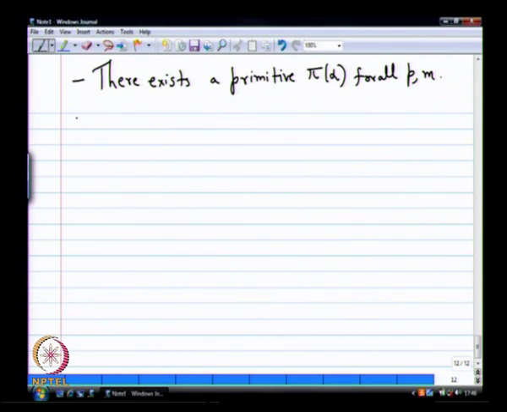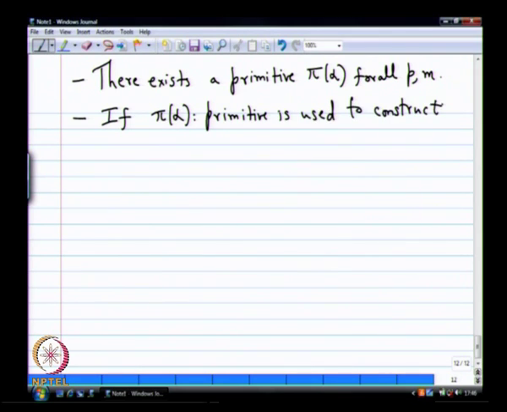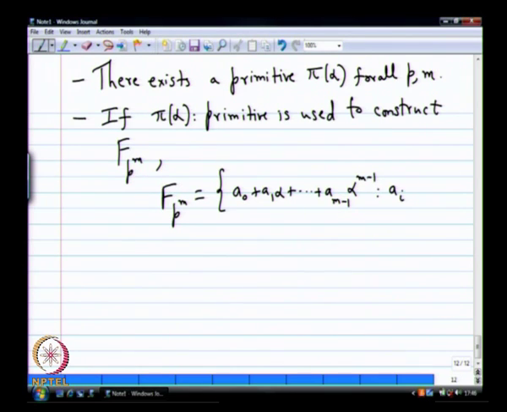And then the next thing that is true is, if a primitive pi of alpha is used to construct Fp power m, then Fp power m will be the set of a0 plus a1 alpha plus so on till a(m minus 1) alpha power m minus 1, with each ai belonging to Fp.